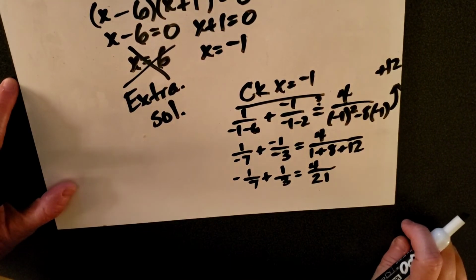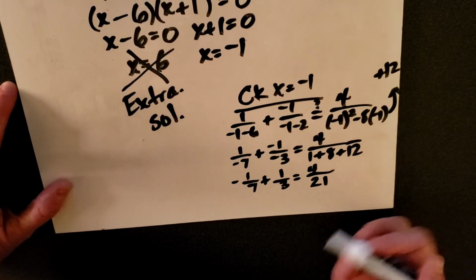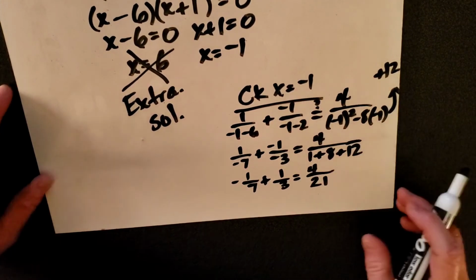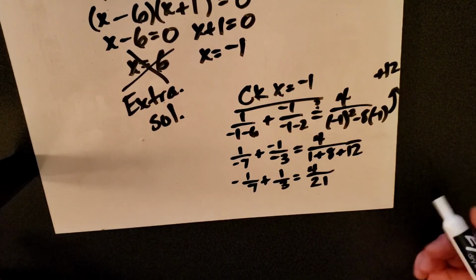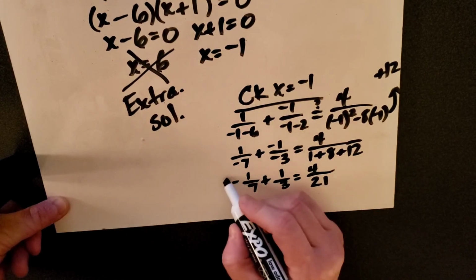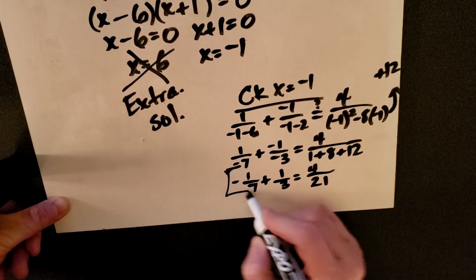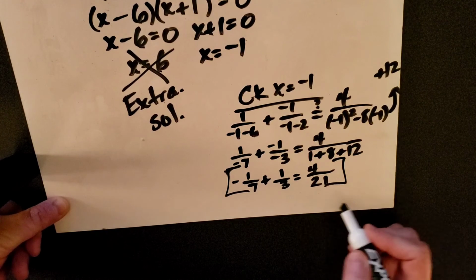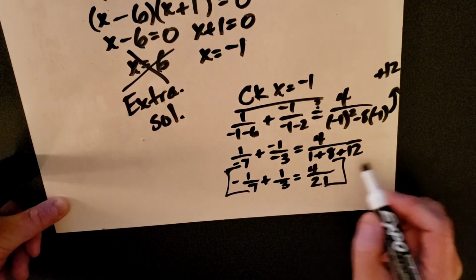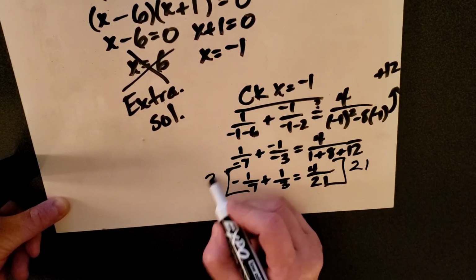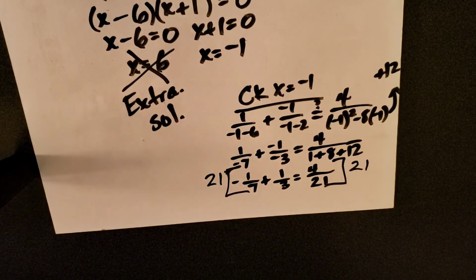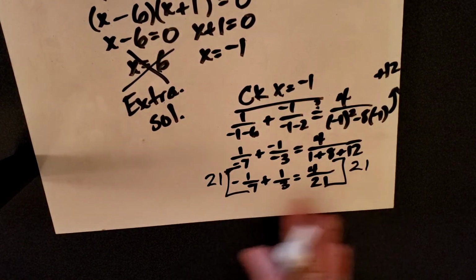So you can go ahead and do that, or you can employ what we've been doing through all of these rational equations. You can go ahead and multiply both sides of this thing times the lowest common denominator, which is 21. So basically you're doing what you did in step 3 of your solving, and you're doing that in the checking, okay?